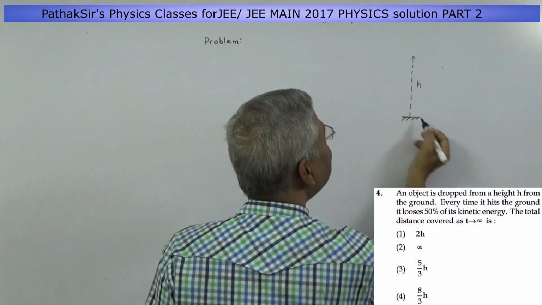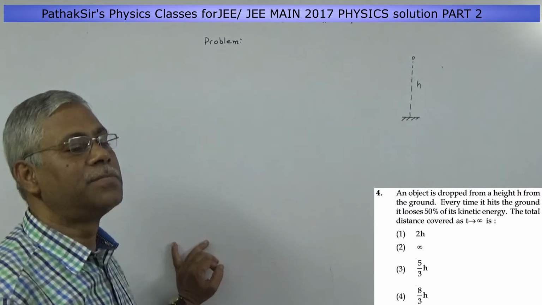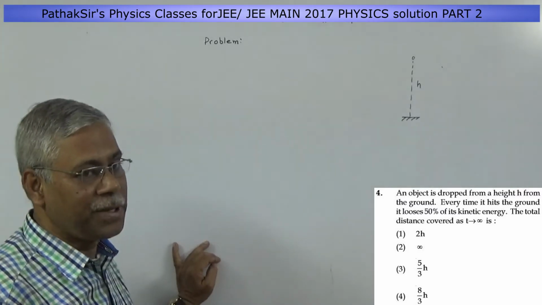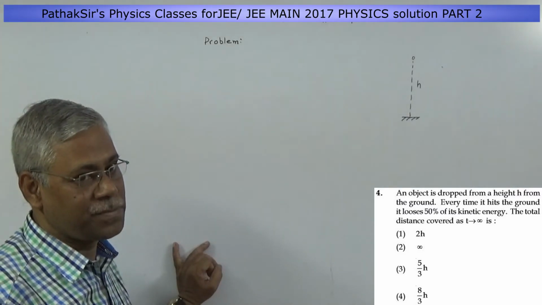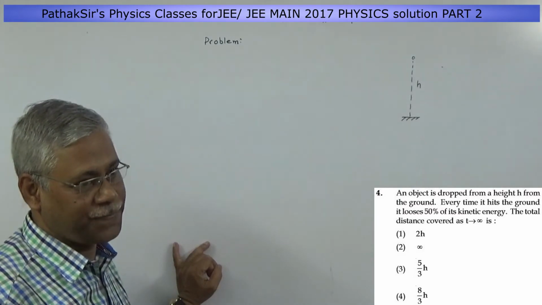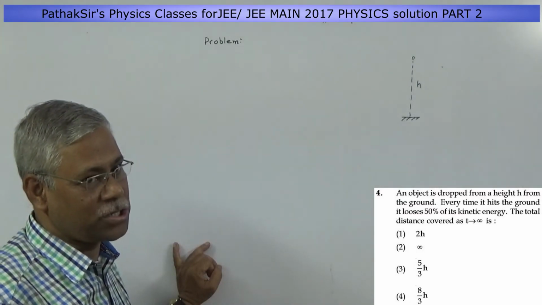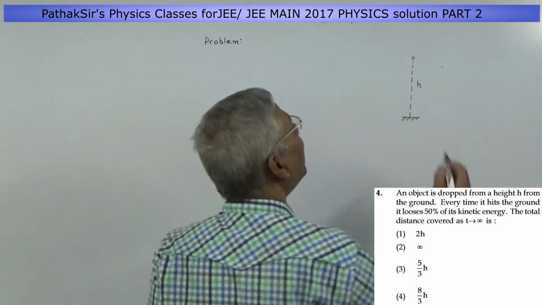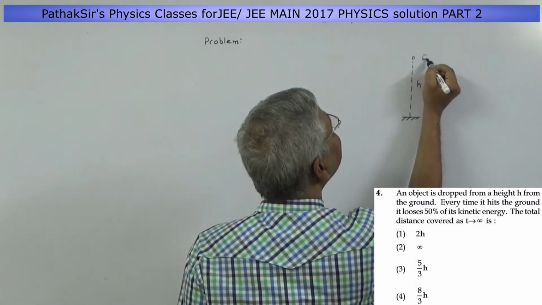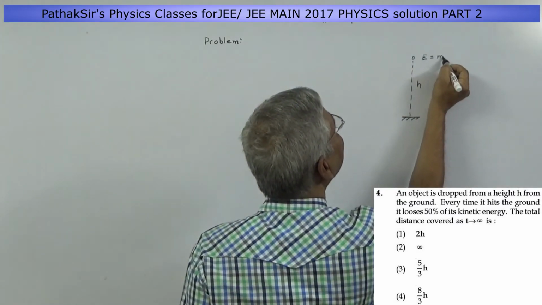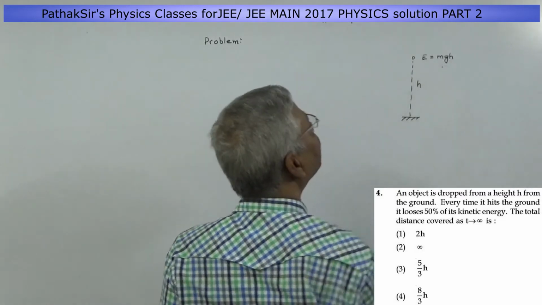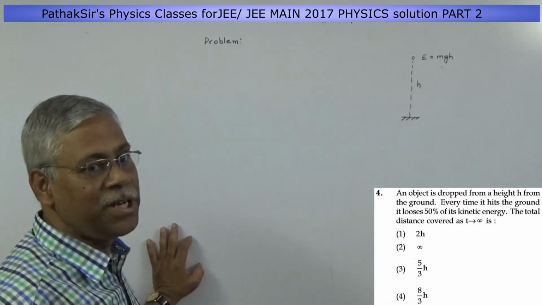A ball falls from a height h, and due to each collision 50% energy is lost. What is the initial energy? mgh. Initial energy is mgh.